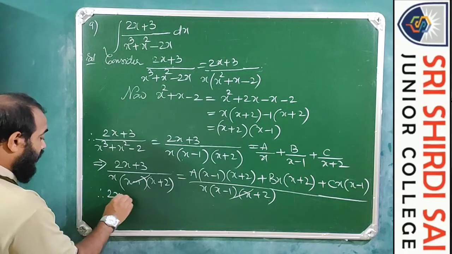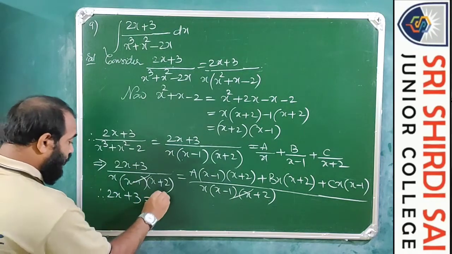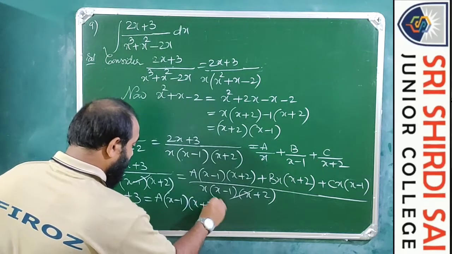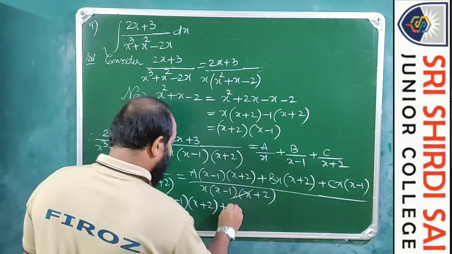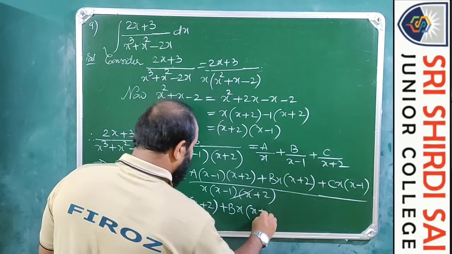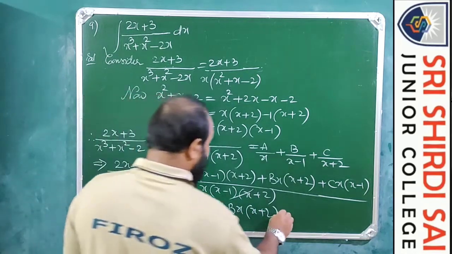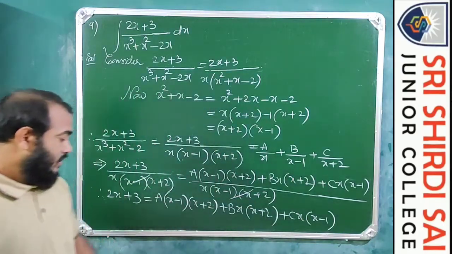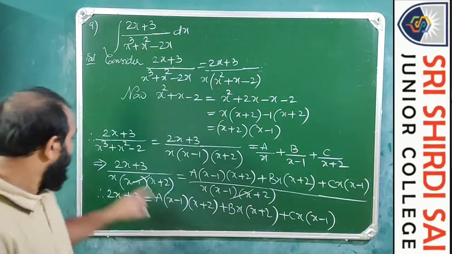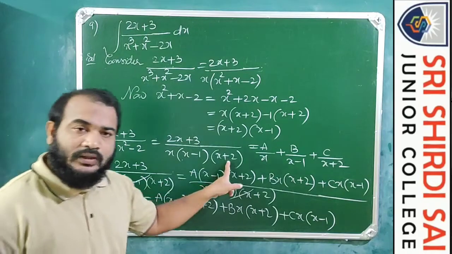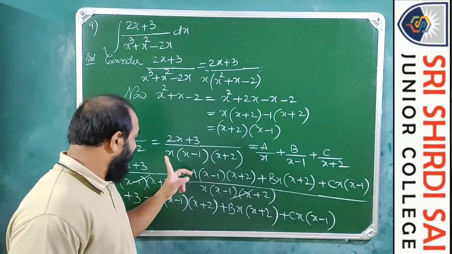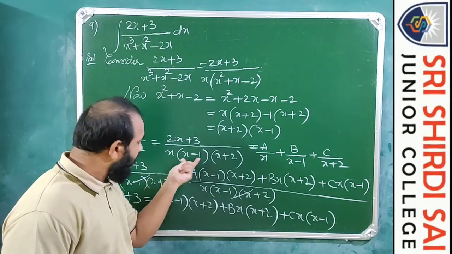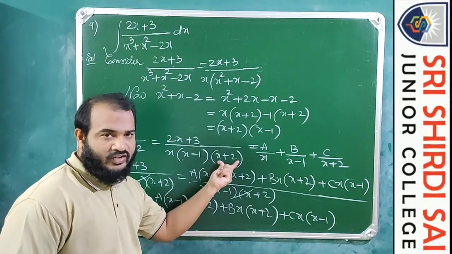Therefore, 2x plus 3 is equal to A into (x minus 1) into (x plus 2) plus B into x into (x plus 2) plus C into x into (x minus 1). So here x, x minus 1 and x plus 2 are the linear factors. So we are going to substitute x equals 0, x equals 1 and x equals minus 1.